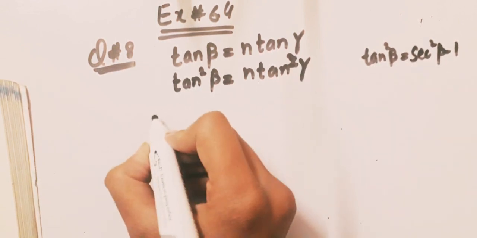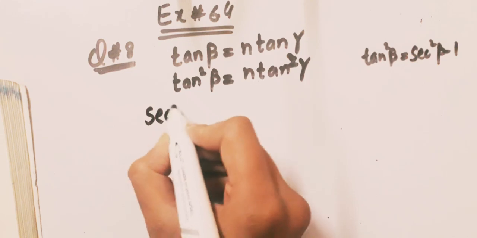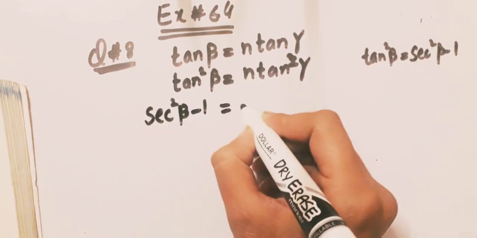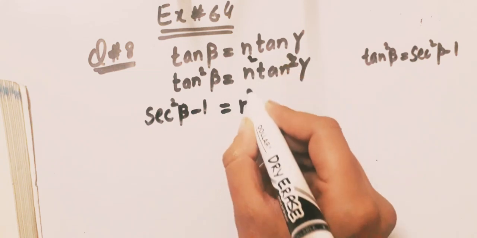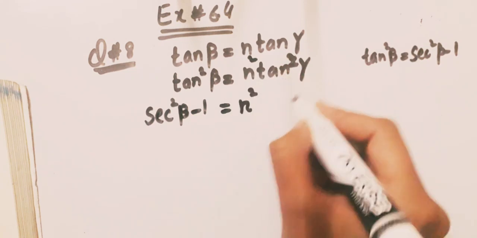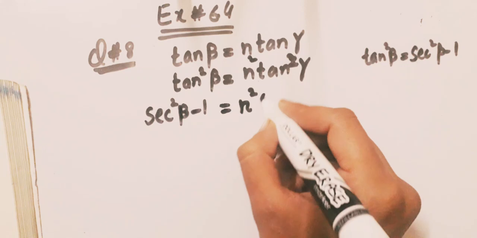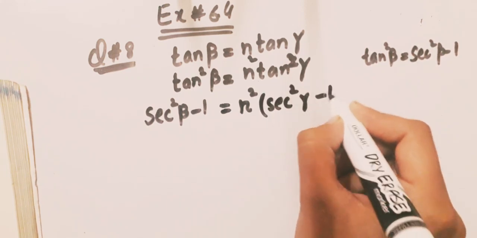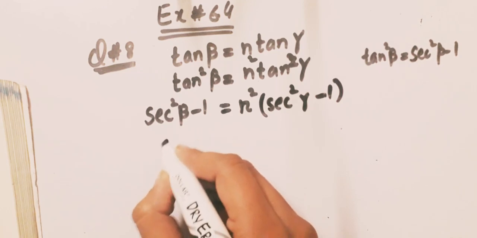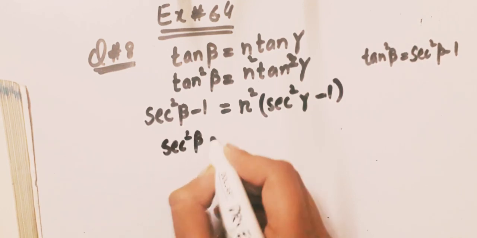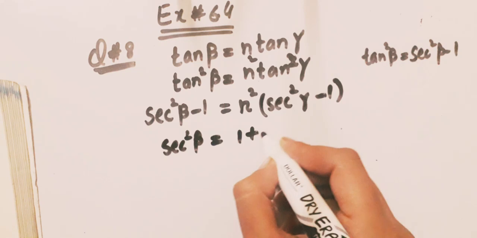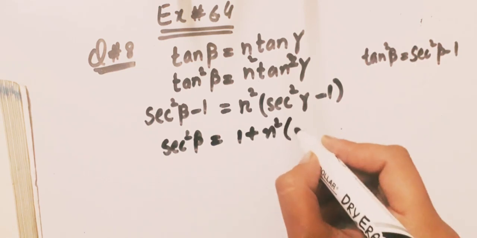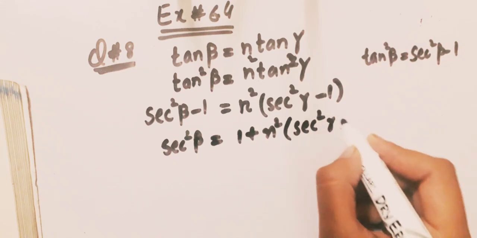So secant square beta minus 1 is equal to n square into secant square gamma minus 1. So secant square beta will be equal to 1 plus n square into secant square gamma minus 1.